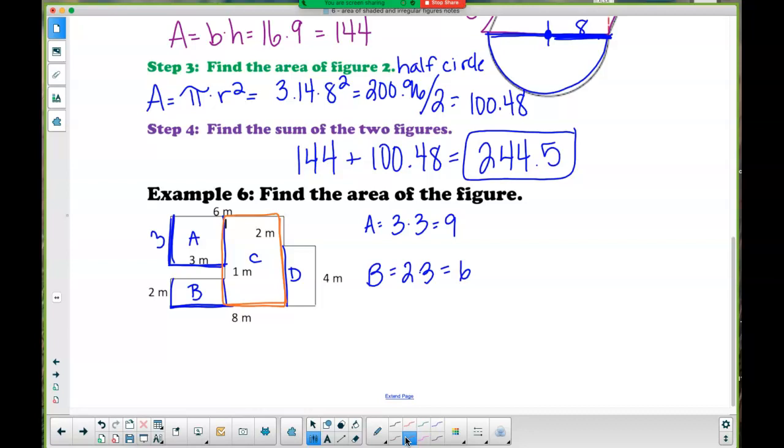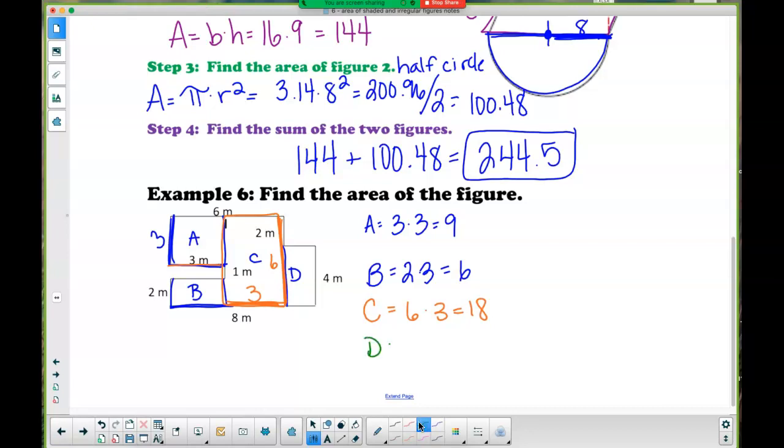Then we have to find letter C, which is this orange rectangle right here. This gets a little trickier. Kind of. This distance right here is 6. This distance right here is what? 3. Because this is 3. Okay, so letter C, we have 6 times 3 is 18. And then we have the last one.